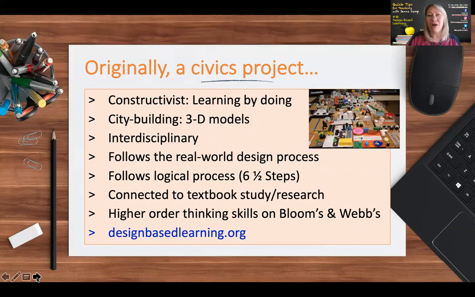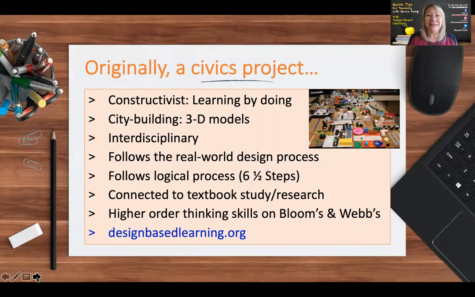There had to be office spaces. There needed to be places where people can get food, or can go out and eat food, or can go find entertainment, or where they can have outdoor recreation. So all of these elements of city planning went into this, which is what starts to make it interdisciplinary.